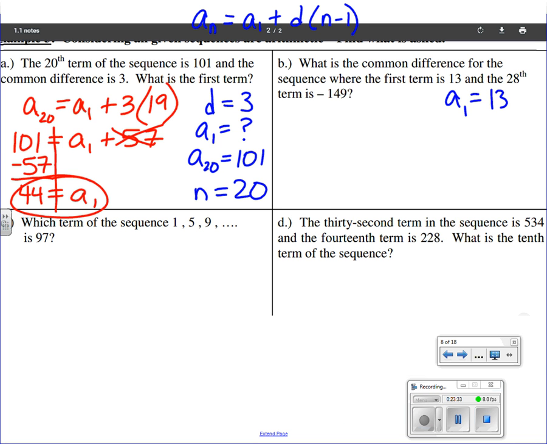Cheyenne, do you want to do something else? Or is that what you were going to say? Okay. Eden, what else do they give you? Okay, so I need to write that A28 is negative 149. Anybody else? Anything else I could add to the list? Very good, Laura. N is 28. Okay.